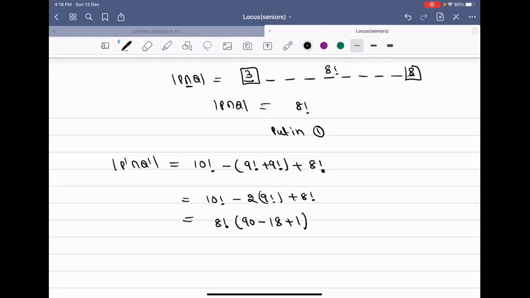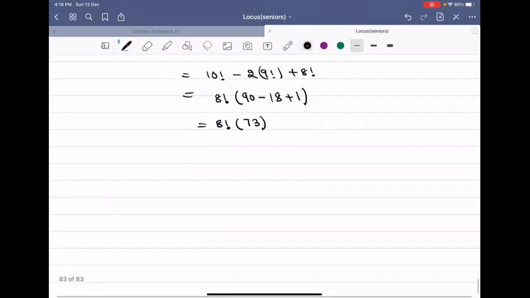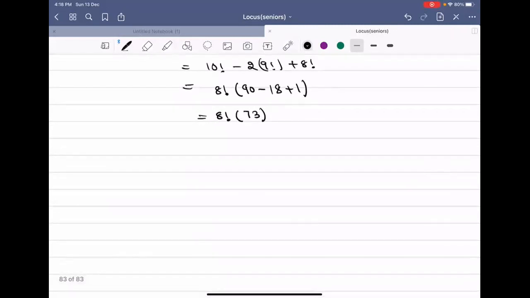So this is your answer: 8 factorial into 90 minus 18 plus 1, whatever you get. That is 73, I think. 73. This is the answer. Clear? Yes, sir. This is the application of the principle of inclusion exclusion, and one homework question is solved.